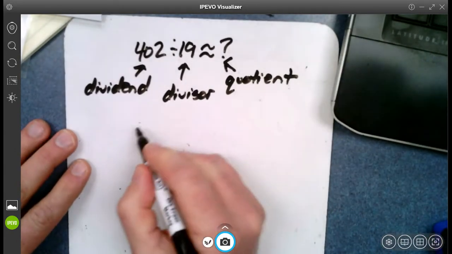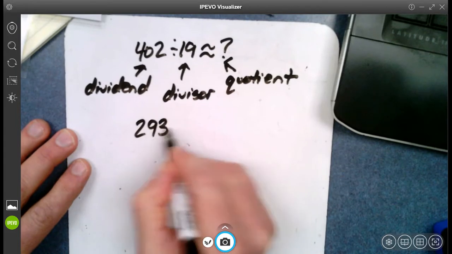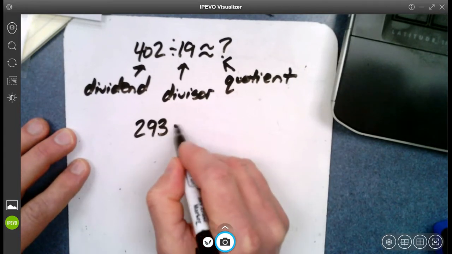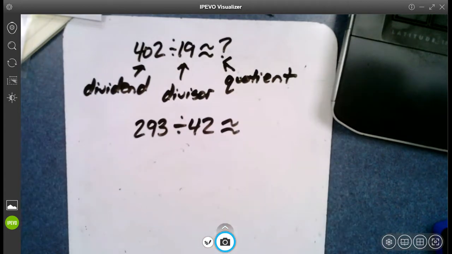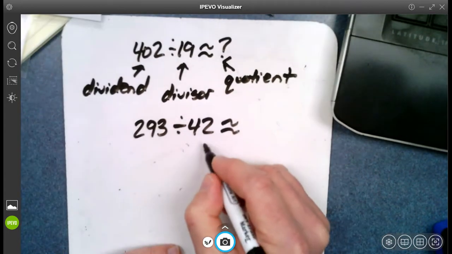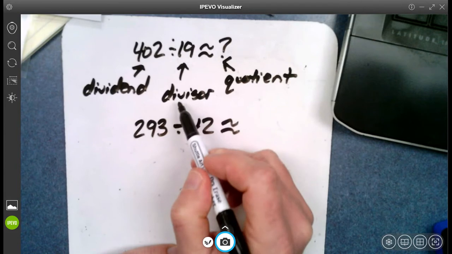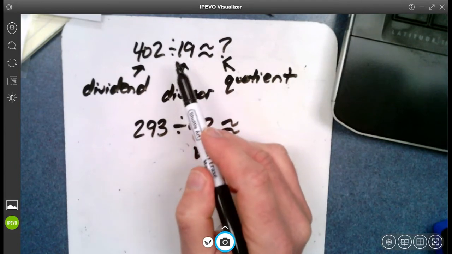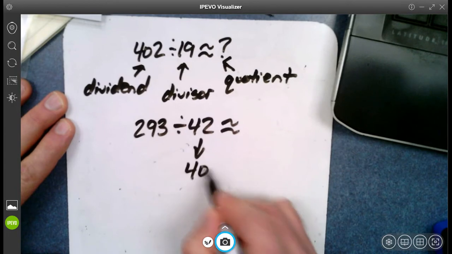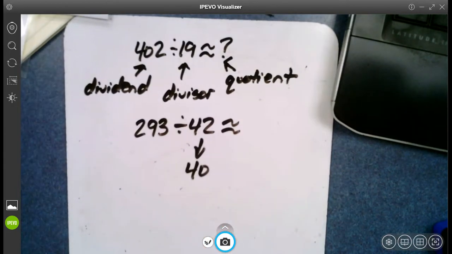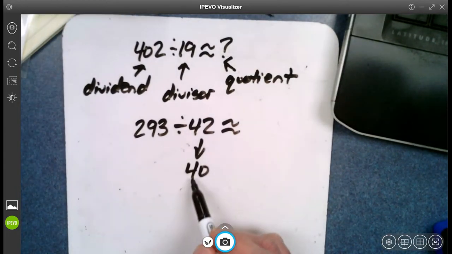Let's take a look at this problem of 293 divided by 42 is around what? I'll always start by changing the divisor first. And remember, the divisor is how many parts we're creating. So I'm going to change 42 into 40. Then I have to think of my fours tables.